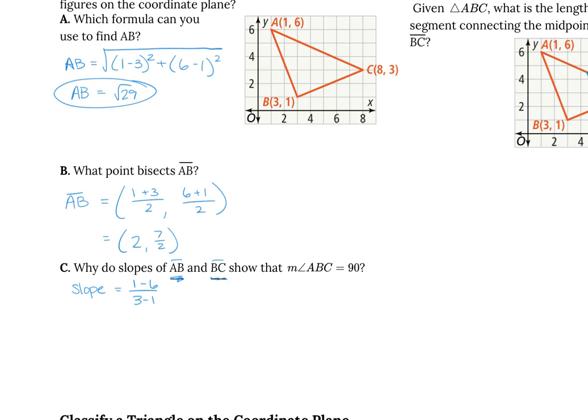Okay, again, for slope, it doesn't matter which point you start with as long as you are consistent. Okay, so once I simplify this, my slope for AB, I will end up getting -5 halves.